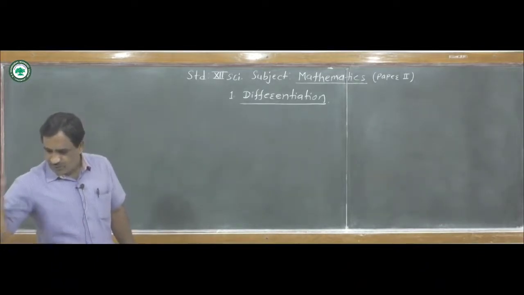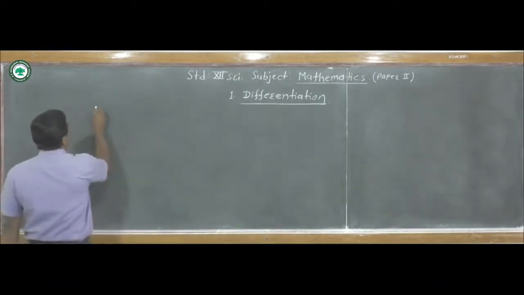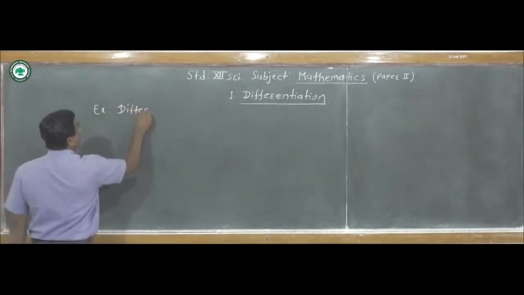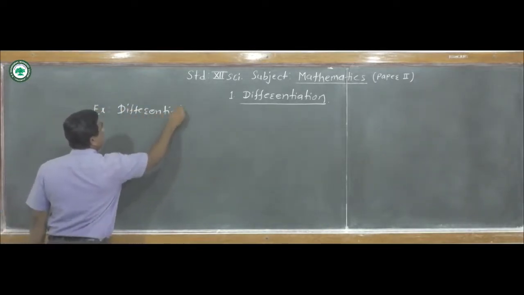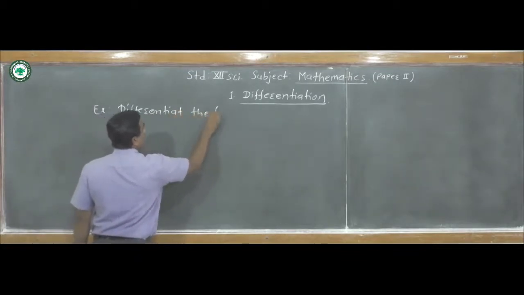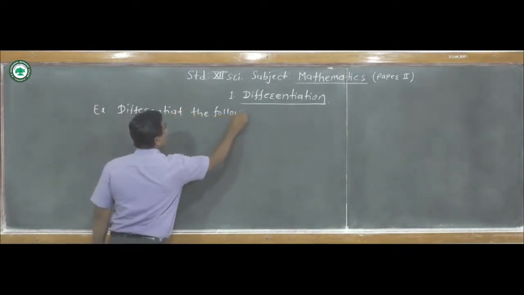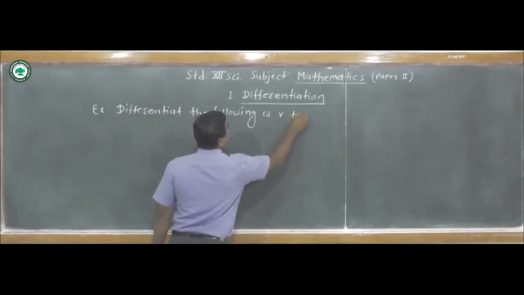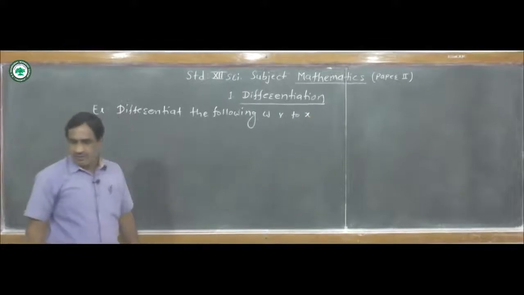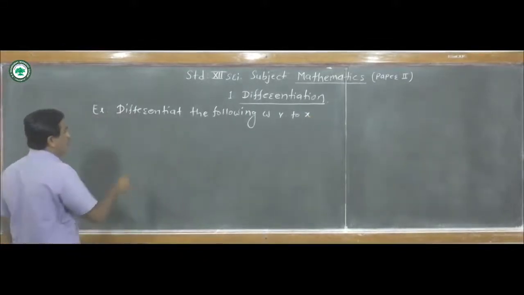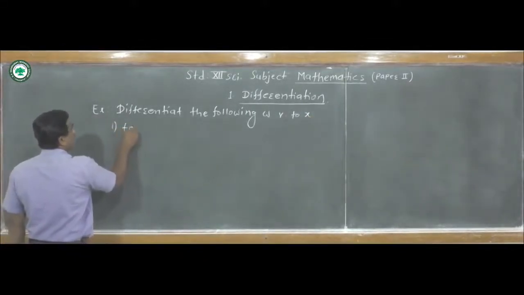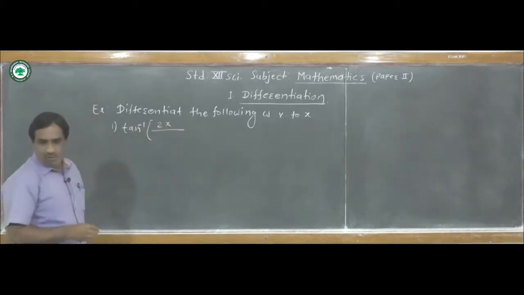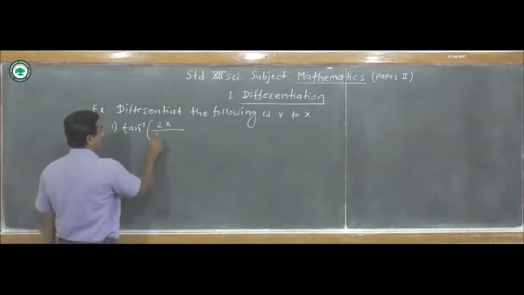Differentiate the following with respect to x. Now first example is tan inverse of in bracket 2x upon 1 minus x square.